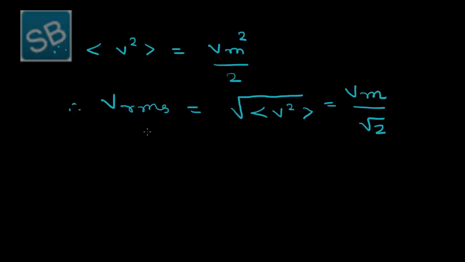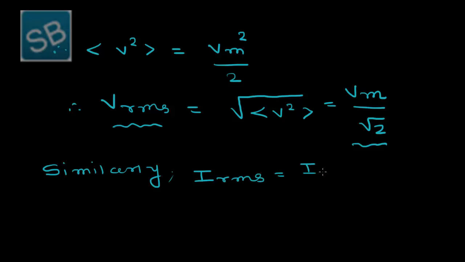This is the RMS value of voltage, Vm over root 2. Similarly, the RMS value of current, denoted by IRMS, is equal to Im over root 2. But here you should understand what Vm and Im are: Vm and Im are the maximum values of voltage and current respectively. Now we will start the new topic, series resistance.